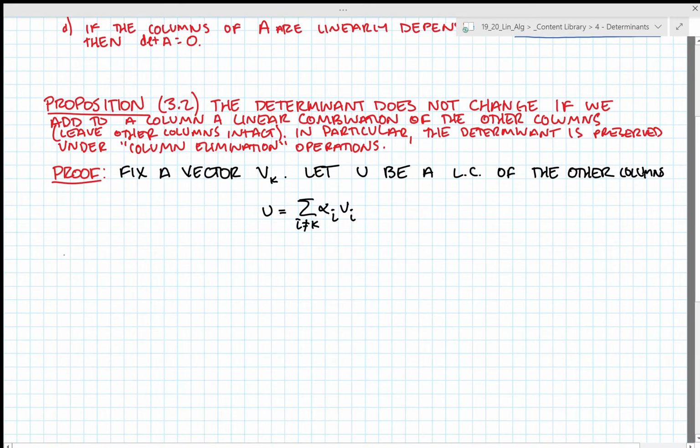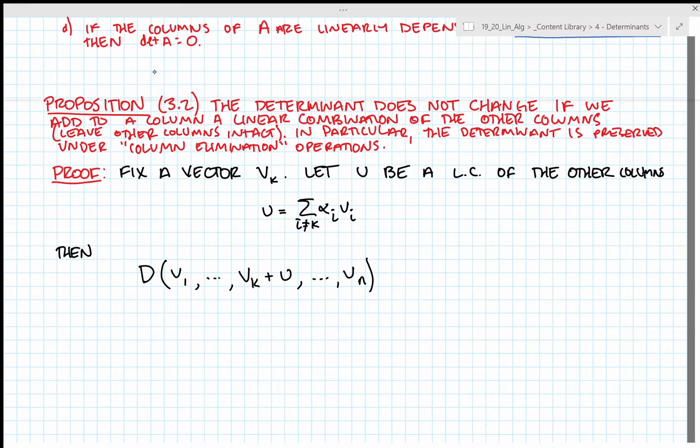We have the determinant of this matrix, and the matrix has v_1 in it, and over here it's got v_k, but to v_k we've added u, and then we've got v_n all the way out here. This is the elimination move that I've tried to do, and this is in the kth spot over here. Well then, what I know is that the determinant is linear with respect to columns.